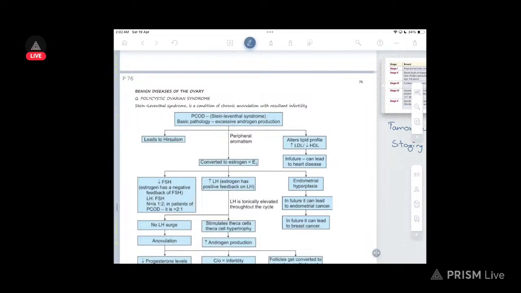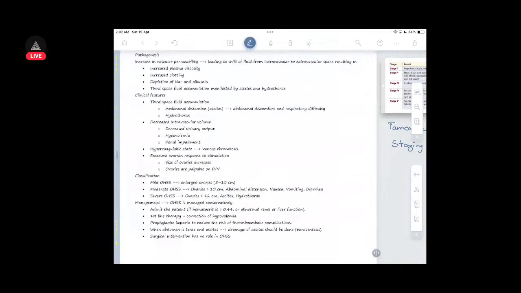Benign diseases onwards. No, till carcinoma I can do. Carcinoma tomorrow I can revise very easily. I think I'll do infertility and benign lesions. I'll try and finish it off.